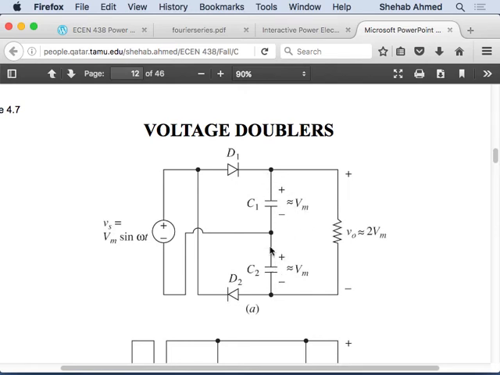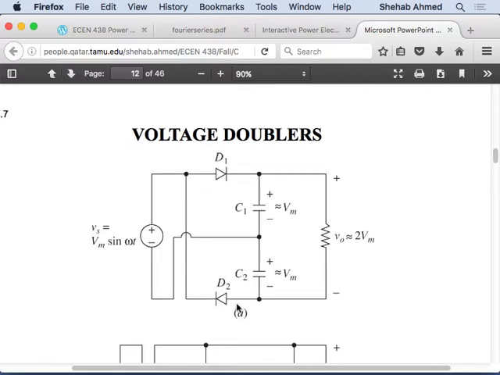Once this capacitor is charged, can D2 conduct in the positive half cycle? In the positive half cycle, what's happening? This source is charging this capacitor, right? And then there is no voltage across this one, right? Actually, we put a negative voltage across this one, right?